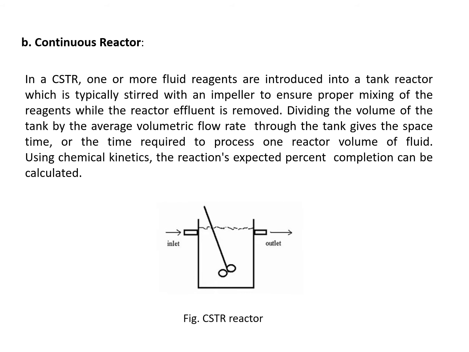Here you see the inlet point at the top left corner, and a stirrer impeller that will stir the reactor solution continuously, driving the volume of this tank. Average volumetric flow rate through the tank gives the space time, or time required to process one reactor volume of fluid.